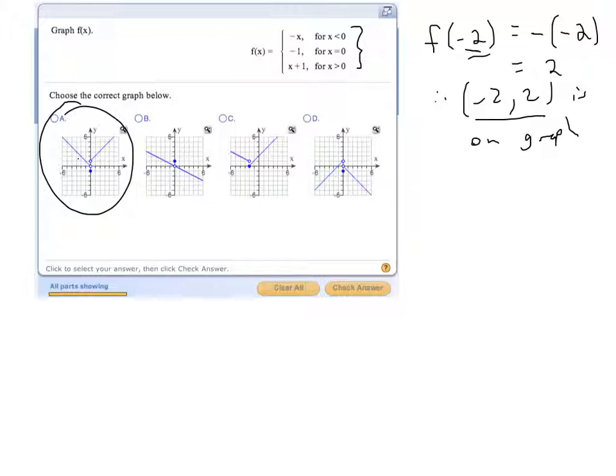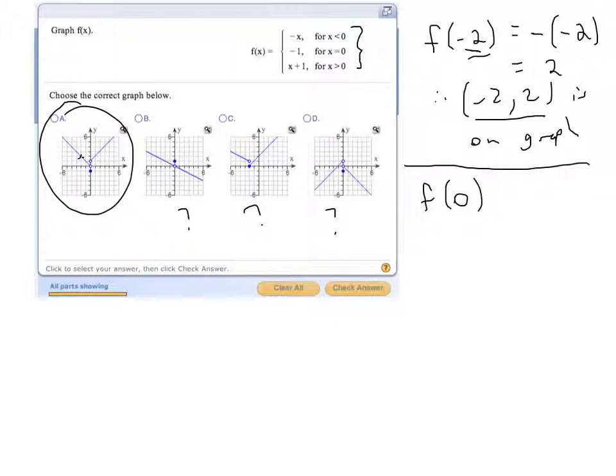It's a little hard for me to draw with the stylus here, but somewhere in there. So -2, 2 is on that graph. It doesn't really look like it's on any other one, so that actually might be enough to determine that the answer is A. But if it weren't, let's just plot a couple of other ones to see.